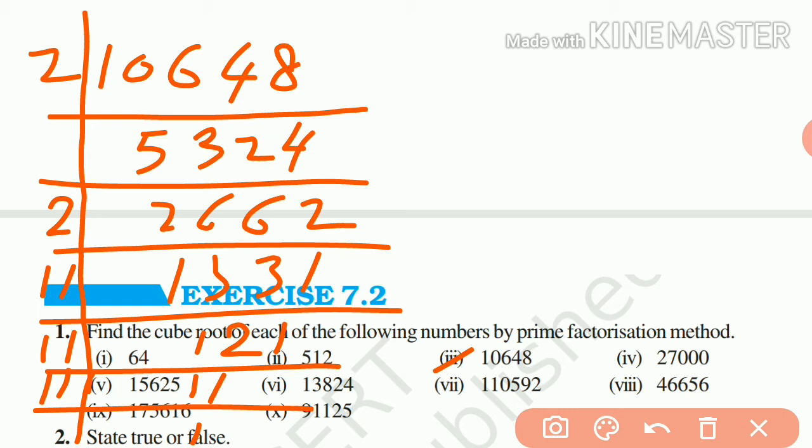So here we can see that the factors are 2, 3 times, and 11, 3 times.